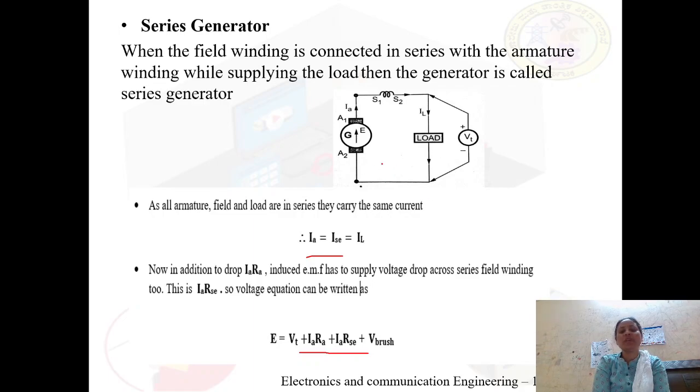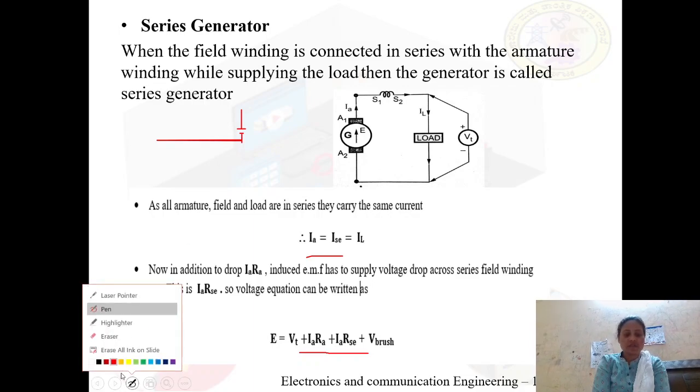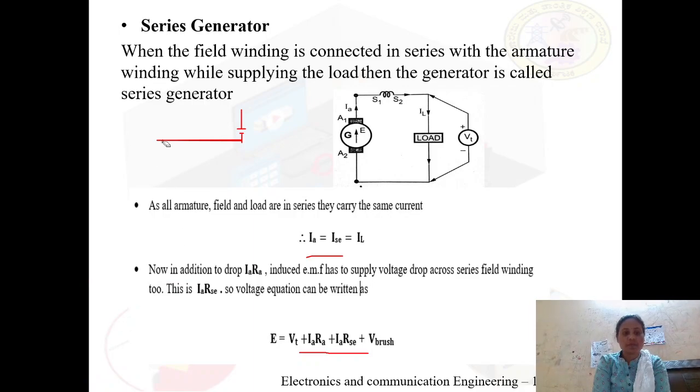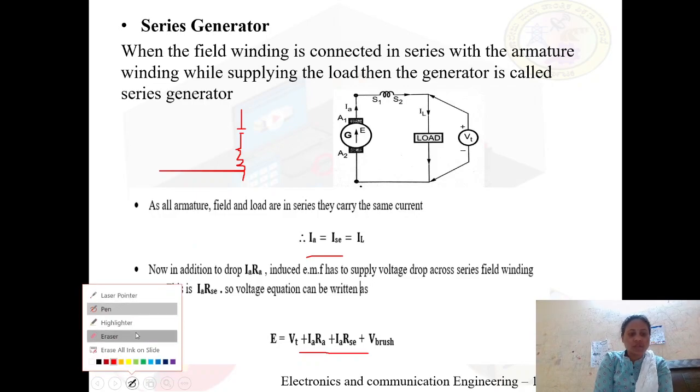Another simple way to find this expression is we can simply replace the armature part as an EMF, like this. So this is the resistor. One second, let me just redo it.